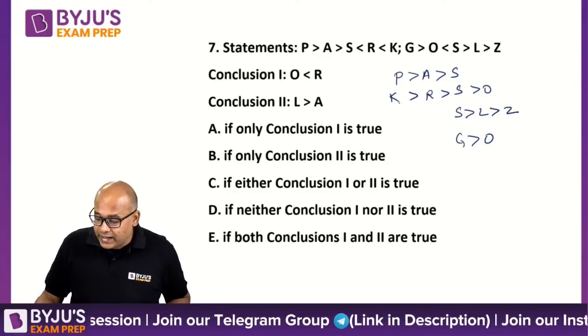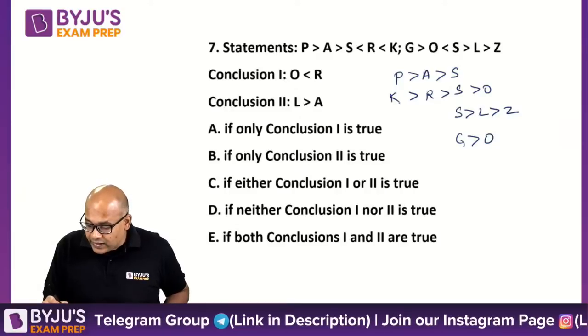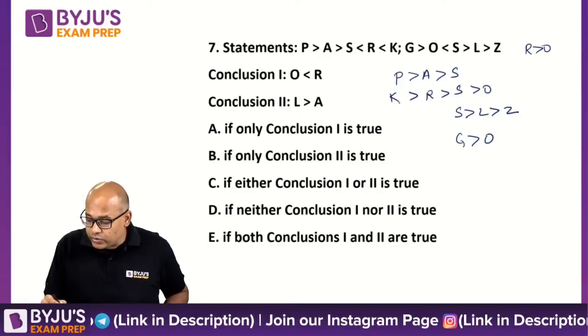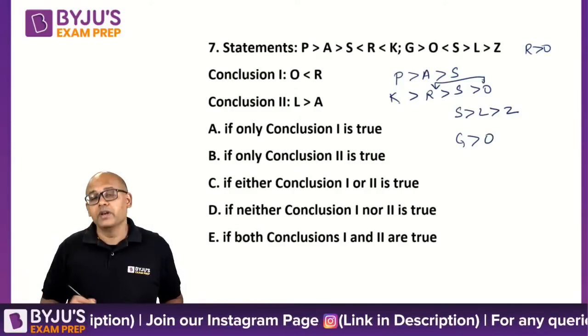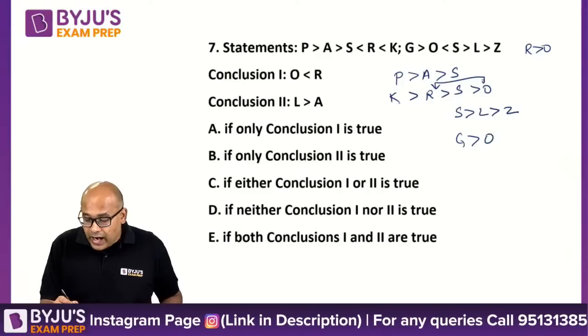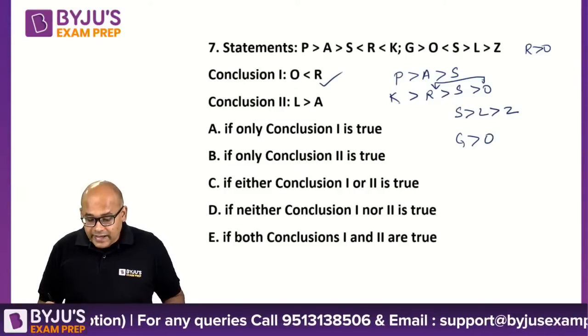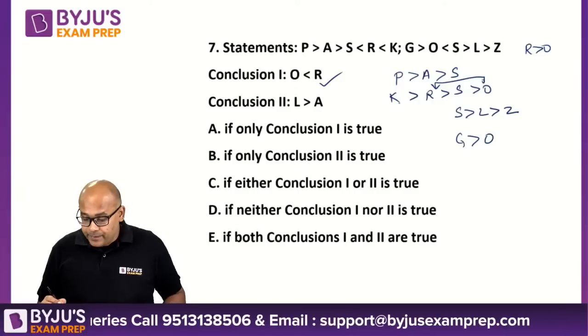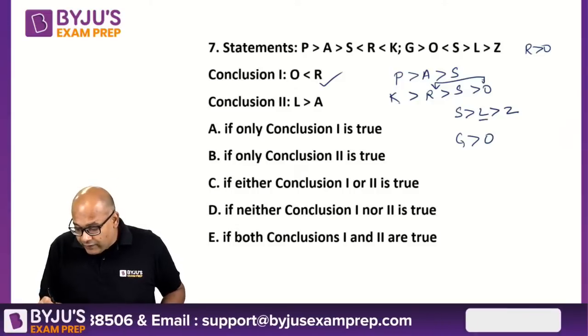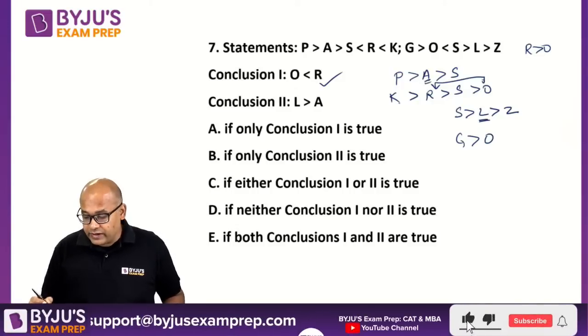Now O and R, can I relate O and R? So definitely you can see that actually R is greater than O. There is a direct relation. So R is greater than O. So this can be concluded. What about the second one? L greater than A. So if L is greater than A, now we have L over here and A over here.